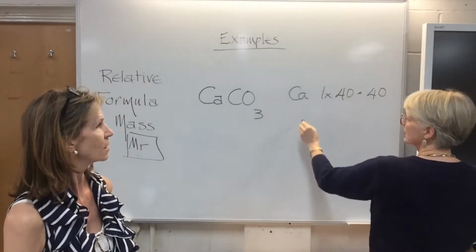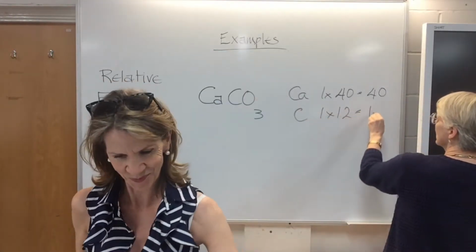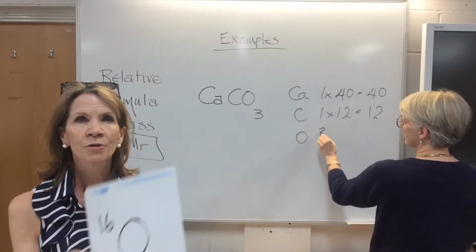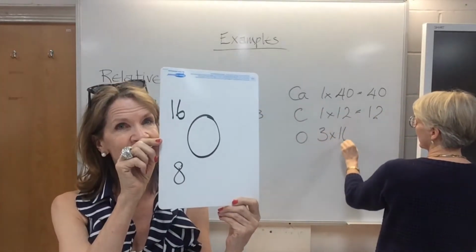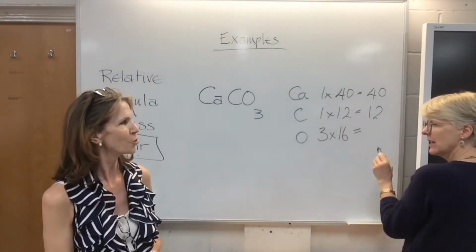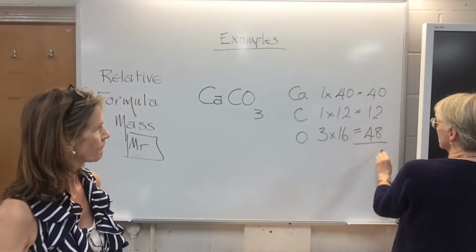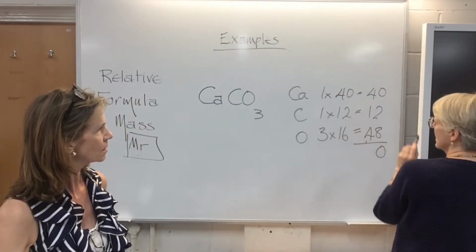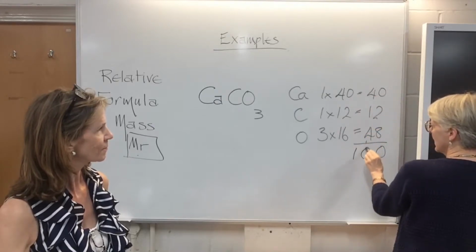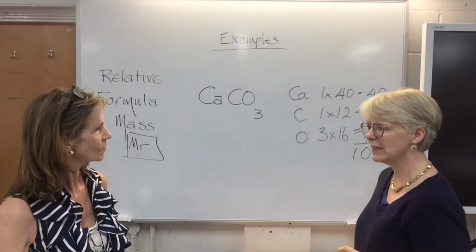Then I've got 1 carbon, and the atomic mass of carbon is 12. Excellent. But I've got 3 oxygens, so that's 3 times 16, which is 48. That would make 100. So the Mr of calcium carbonate is 100.